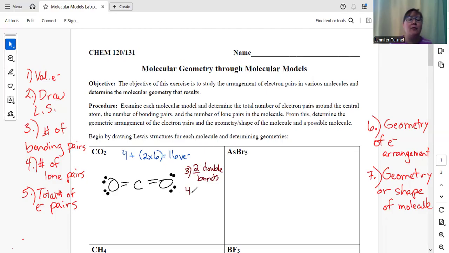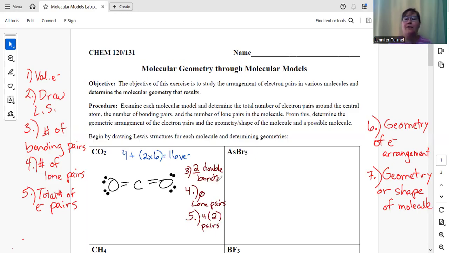All right, and then number 4, this is really important here, we're only looking at the center atom for everything. So on this carbon, we have 0 lone pairs. Okay, which means that we have 2 total sites for our pairs.